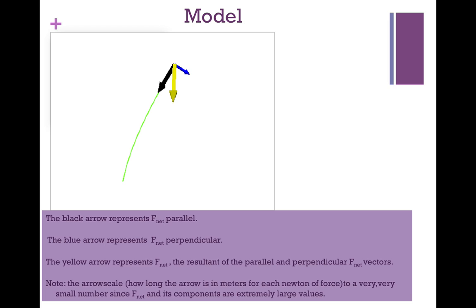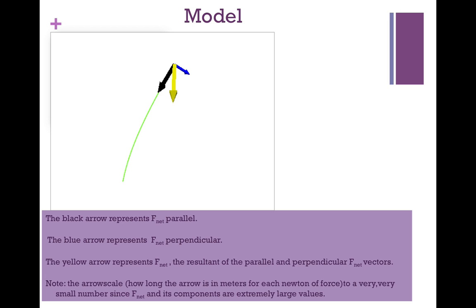The black arrow represents F net parallel, blue arrow represents F net perpendicular, and the yellow represents the total F net, which is pointing in the logical direction, which would be towards the black hole, which is present in the middle of the star's motion.